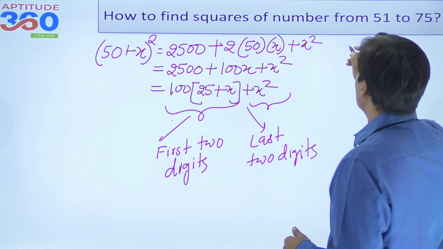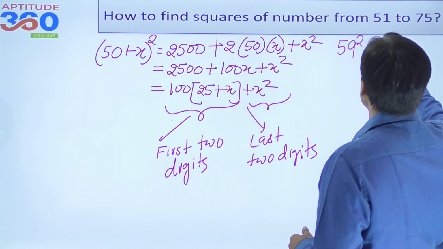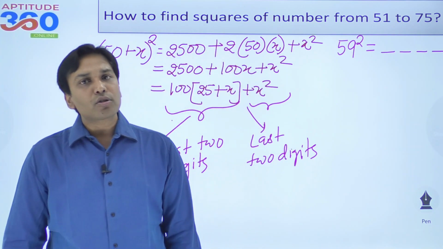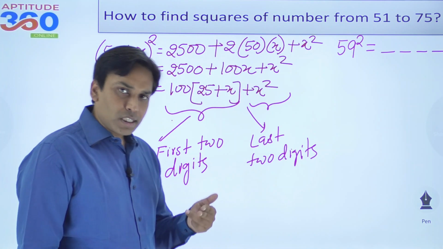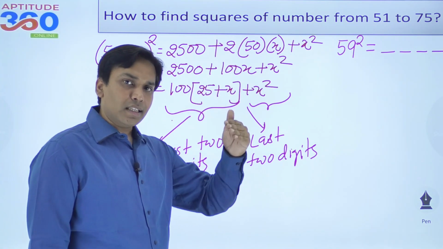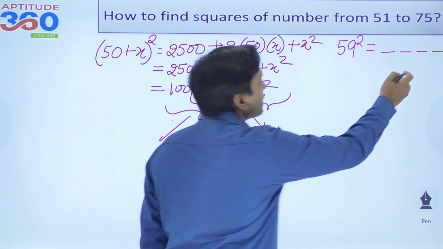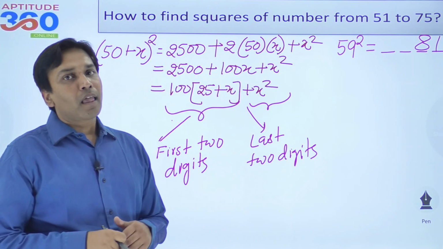So if I need to find out 59 square, I know for sure that 59 square is a 4-digit number, and if I need to find out the last two digits, I will do this: 59 is 9 more than 50, and what is the square of 9? The square of 9 is 81. So I'll write 81 as last two digits.